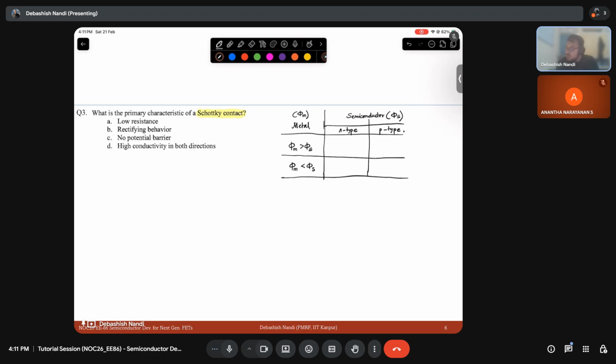If phi m is greater than phi s for an n-type semiconductor, this gives you a Schottky kind of contact. Similarly, if phi m is less than phi s for p-type, you will get a Schottky kind of contact. In other cases, you will get an ohmic kind of contact. We'll explain what is Schottky and what is ohmic.